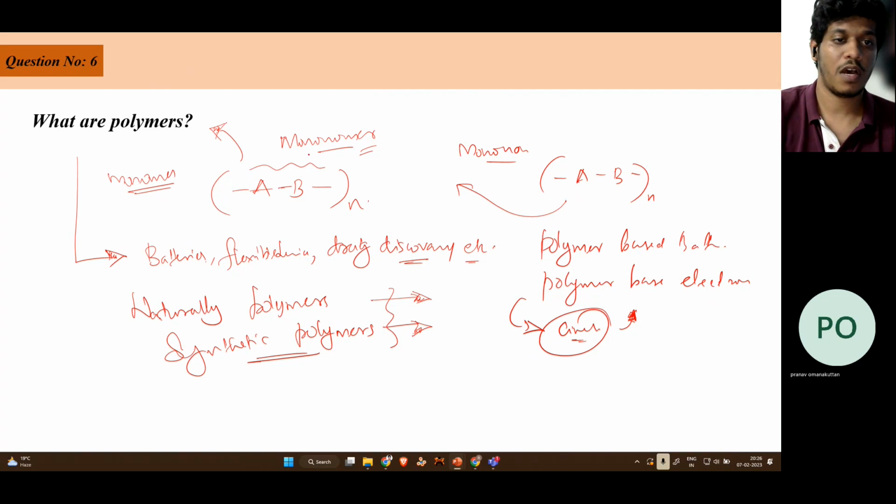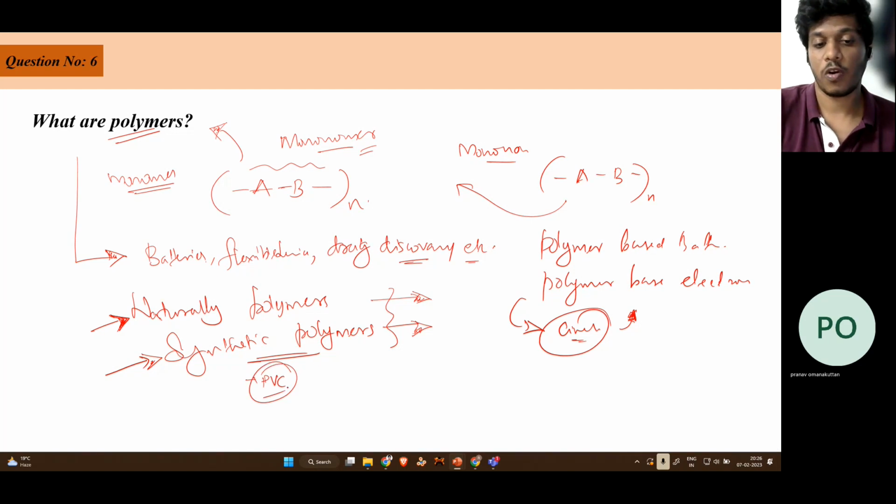Polymers are among the most highly studied materials. These polymers can be of two types: naturally obtained polymers as well as synthetically obtained polymers. Naturally obtained polymers come from natural resources, and synthetic polymers are obtained synthetically. For example, the thing that we regularly use is PVC, polyvinyl chloride.